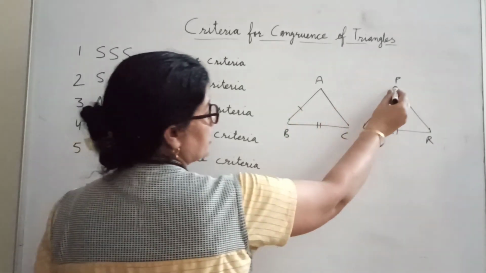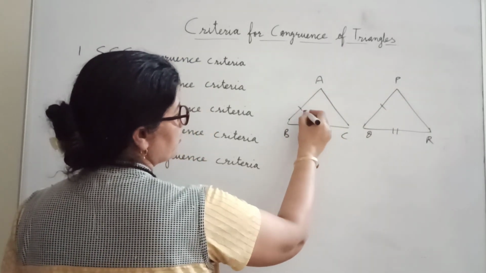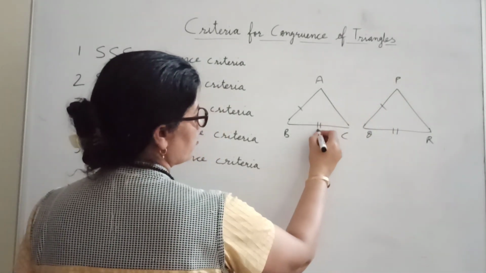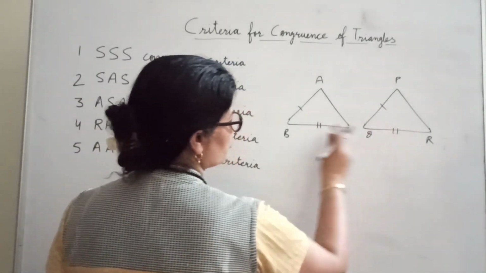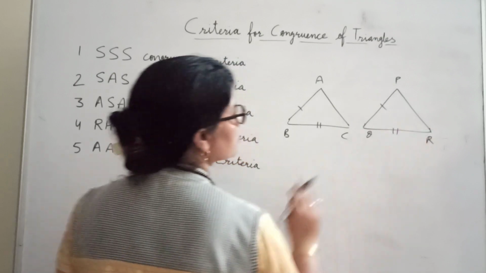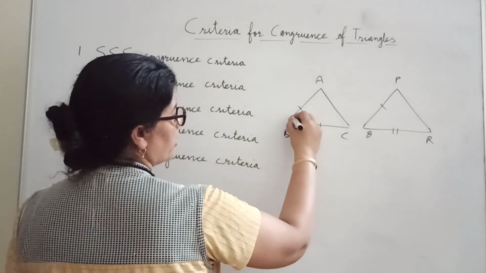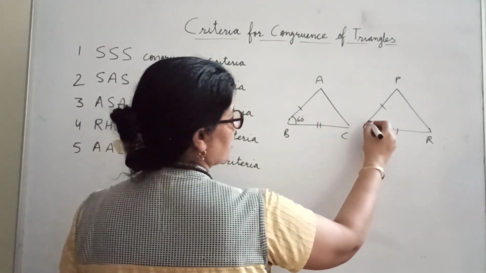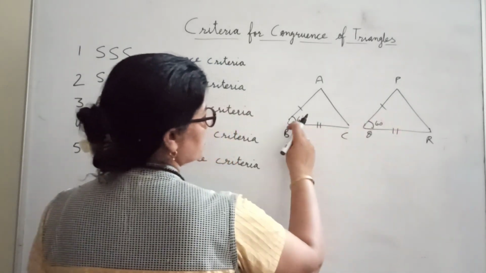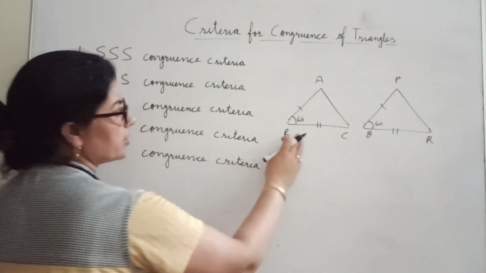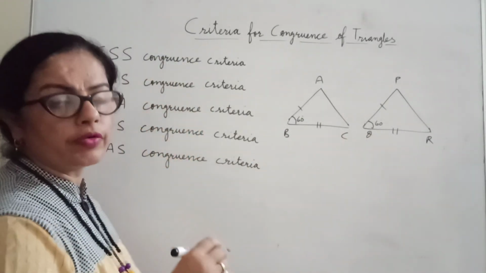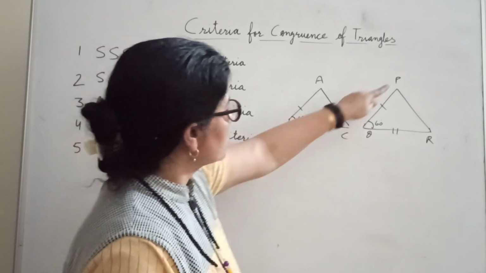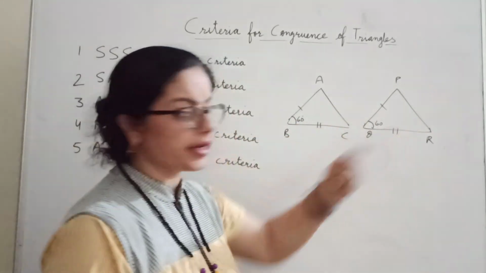I have taken this as the first side, with one mark, which means this length is equal to this length. Here I have marked 2 and here also 2, which means this side is equal to this side. It is given to us, and this angle, let us take it is 60 degree and this angle is also 60 degree. This angle is equal to this angle. Then we will say these triangles are congruent by SAS, side, angle, side.